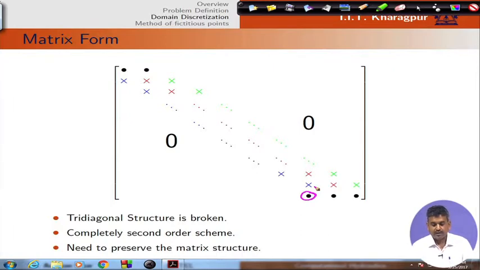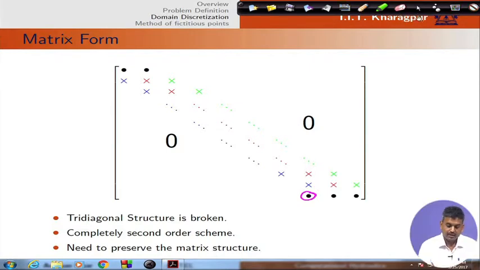So, in the first algebraic form, we have seen that the tridiagonal structure is intact. The second order accurate discretization of our right hand boundary condition is breaking the tridiagonal structure.